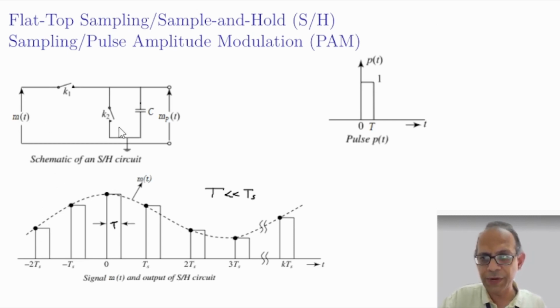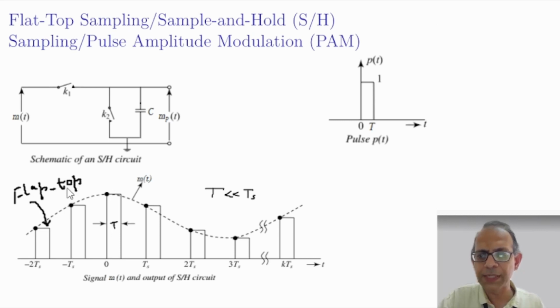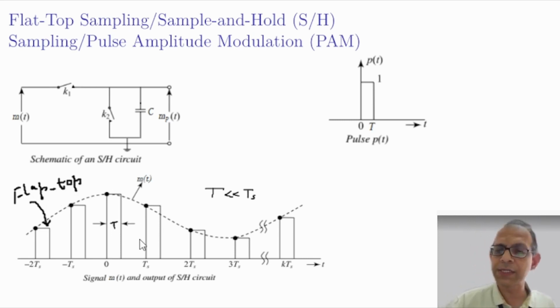and that is how we get a sampled version of the continuous time signal m of t in the form of m subscript p of t, as shown here in the form of these pulses whose tops are flat, and that is the reason why this type of sampled signal is known as flat top sampled signal, and the corresponding process is called flat top sampling.